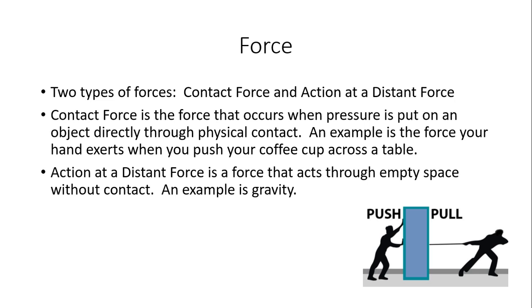You are directly in contact with the top of that beach ball and you're exerting force downward on it. Another example would be what I show here. Your hand is the force your hand exerts when you push your coffee cup across the table. Action at a distance force, on the other hand, is a force that acts through empty space without contact. And an example of this would be gravity.